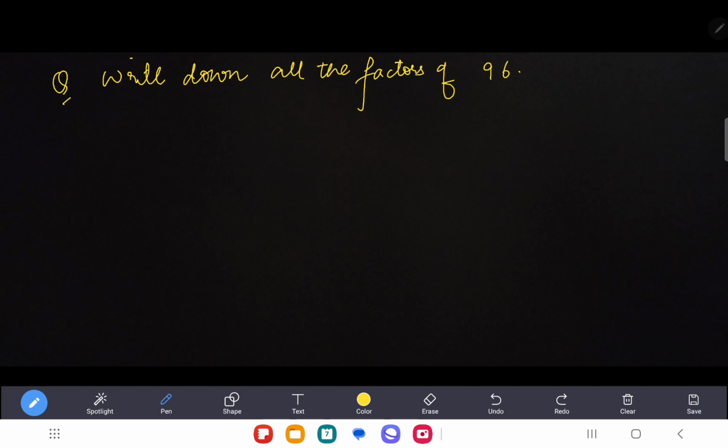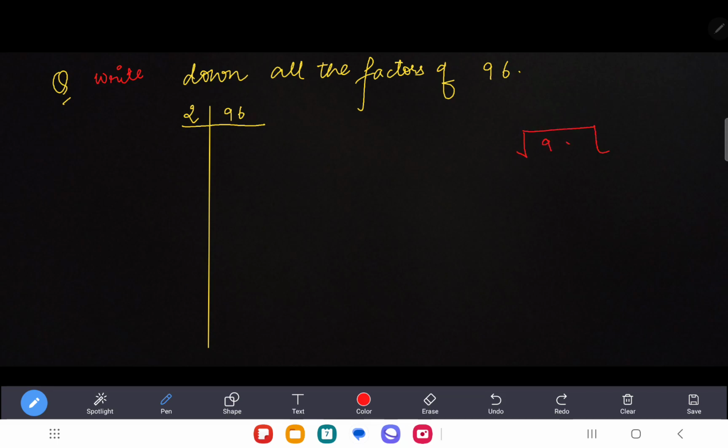Okay. So make a line. Smallest number. One, you don't have to choose. One is a factor of every number. Don't choose one. 2. Divide.